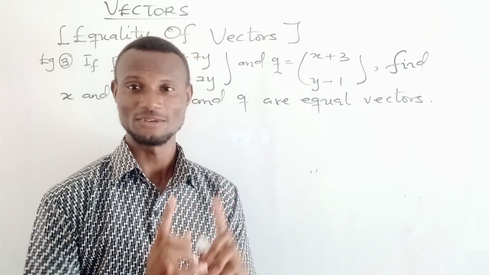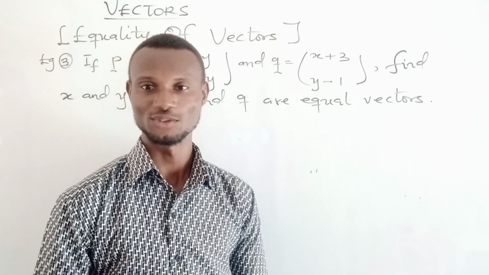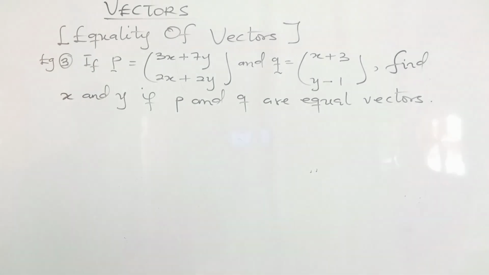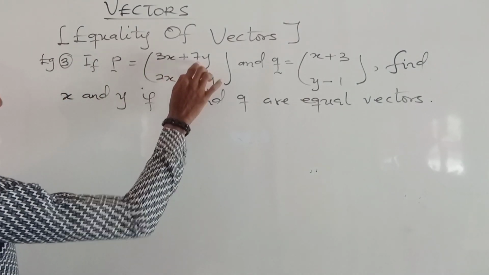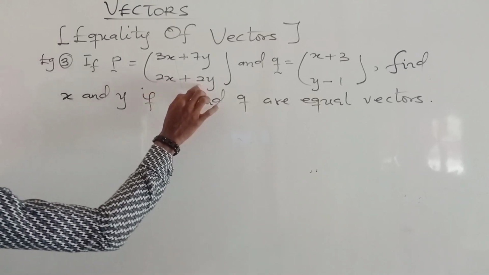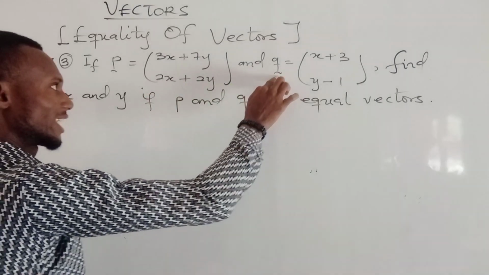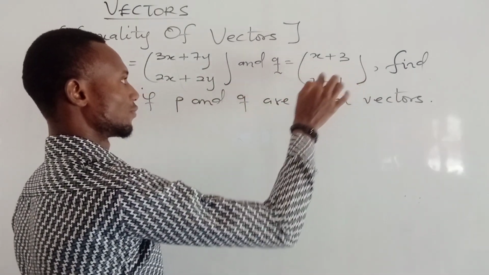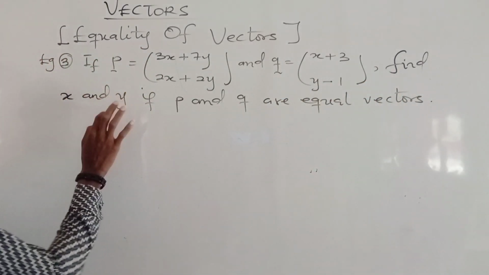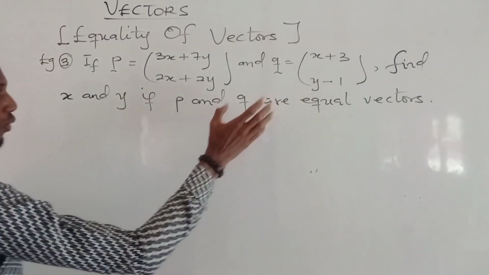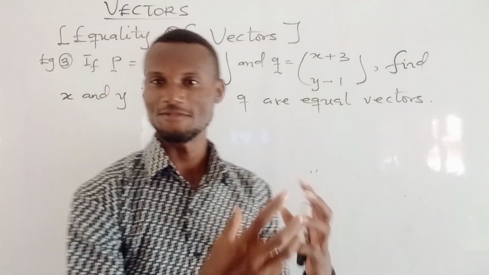So now let me read for the last time and let's proceed to solve it together. It says that if vector p equals 3s plus 7y, 2s plus 2y, and vector q equals s plus 3, y minus 1, find s and y if p and q are equal vectors.